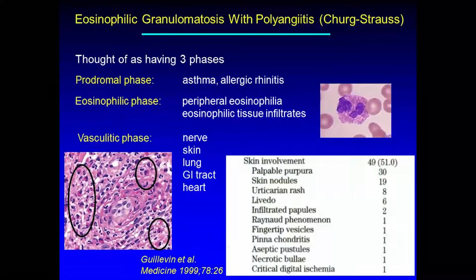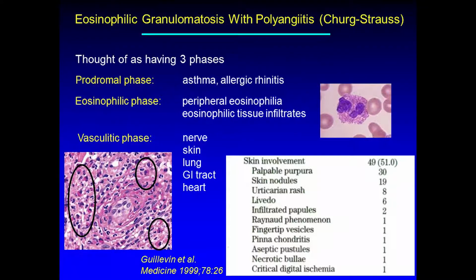In contrast, EGPA is a very different disease, even though, again, it's considered within the ANCA-associated family. This is thought of as having 3 phases: a prodromal phase with asthma and allergic rhinitis, an eosinophilic phase where we can see peripheral and tissue eosinophilia, and then vasculitis, which can affect a wide range of organs.